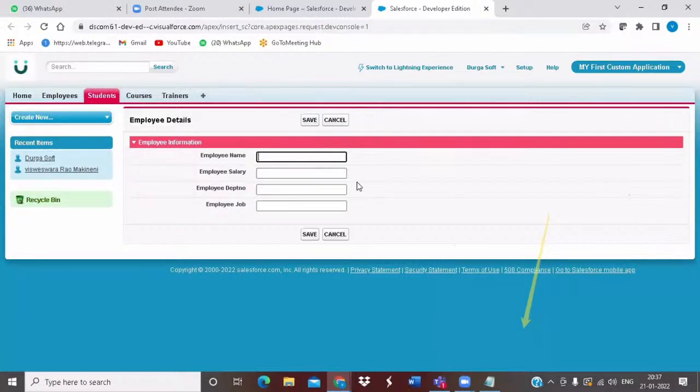Tell me how many text boxes I placed? 4. And how many buttons I placed? 2 buttons. Here I am going to enter the employee details.